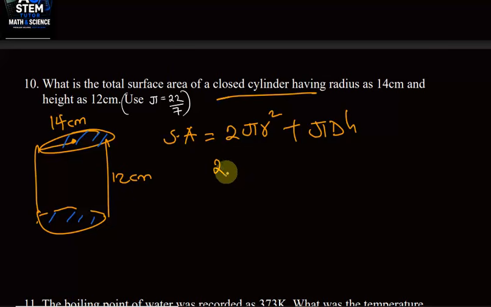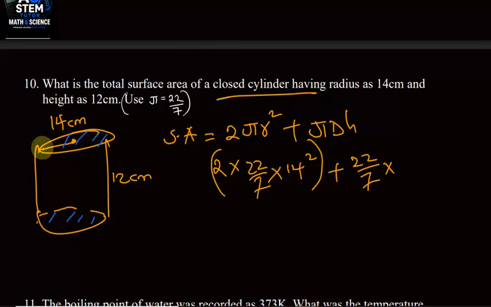We substitute. We'll have 2 times 22 over 7 times radius is 14, so 14 squared, then plus pi is 22 over 7 times diameter. Diameter is 28. Then height is 12. We work each independently, so use your calculator. 2 times 22 over 7 times 14 squared, I'm getting 1232 centimeter squared.